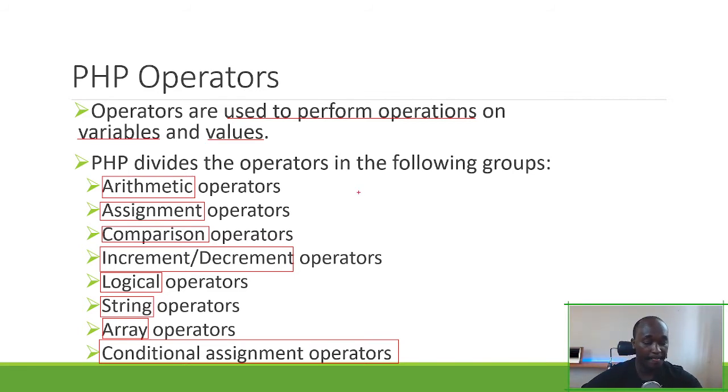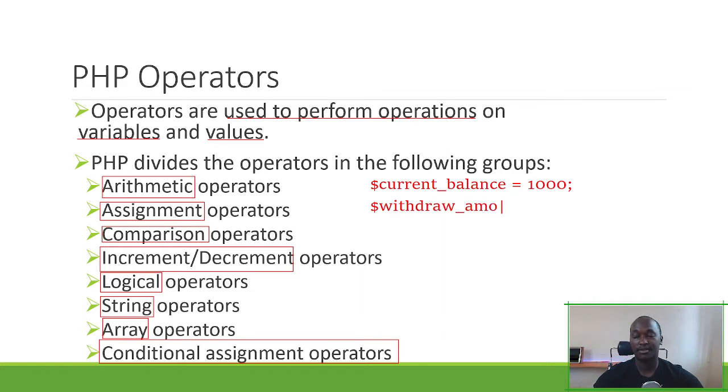We can have something like current balance is equal to 1000, and a withdraw amount, whatever they are withdrawing, maybe 500.